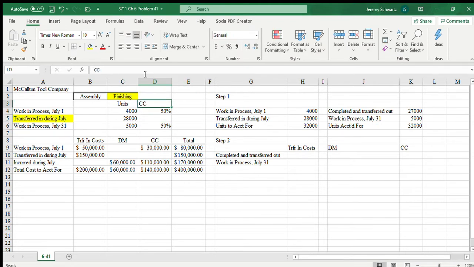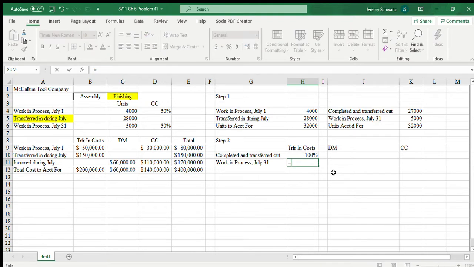Sometimes that can be a little confusing as far as that's concerned. So this 50% here in cell D6 is what we're going to have to use in this particular table. But keep in mind that transferred in costs will always be 100% complete because we're not going to be adding anything more to these costs.